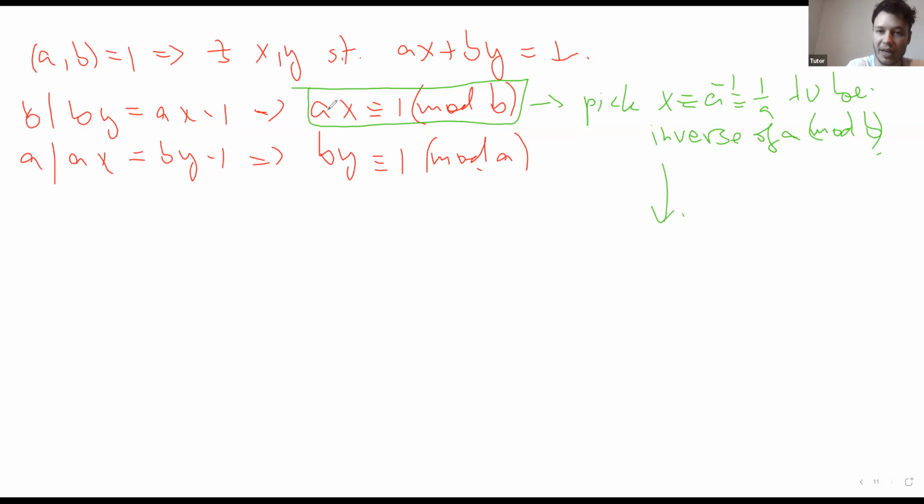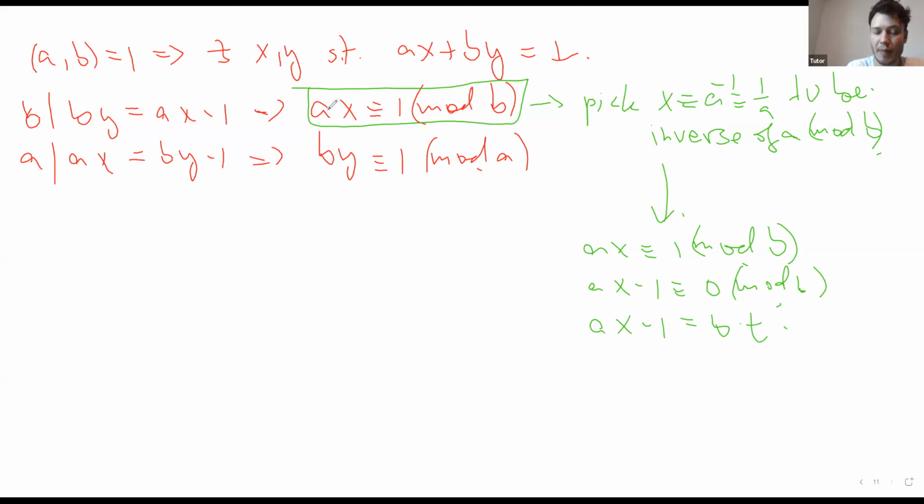I'm going to have that AX is congruent with 1 mod B. So it means that AX minus 1 is congruent with 0 mod B, so AX minus 1 is going to be some multiple of B, some B times some number T. So I can move things from one side to another, and I'll get AX minus BT, or I can write it as plus B times minus T, is equal to 1, right?